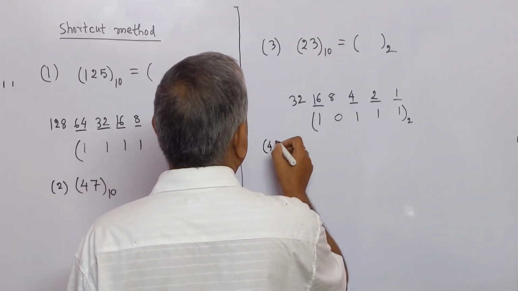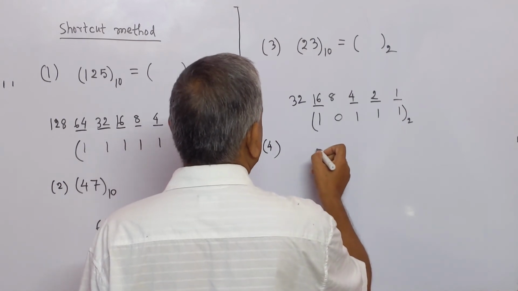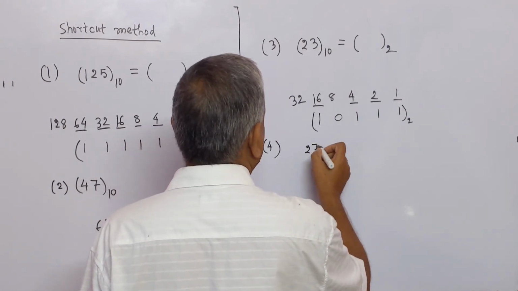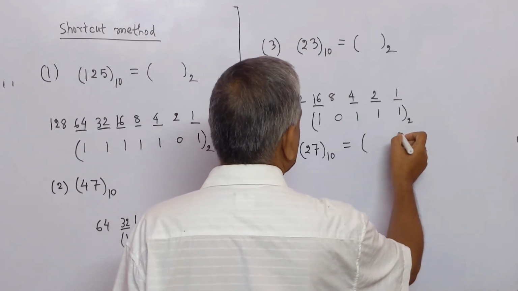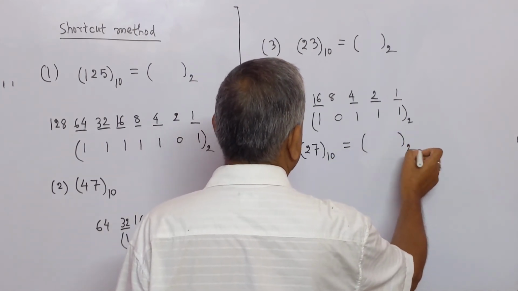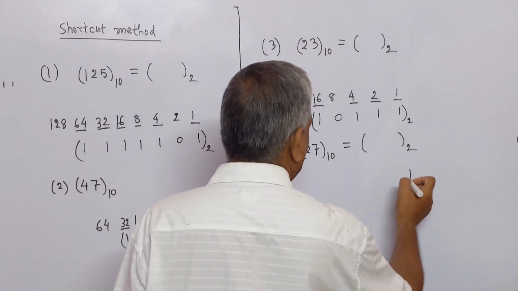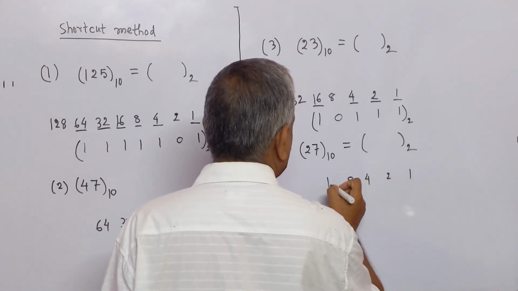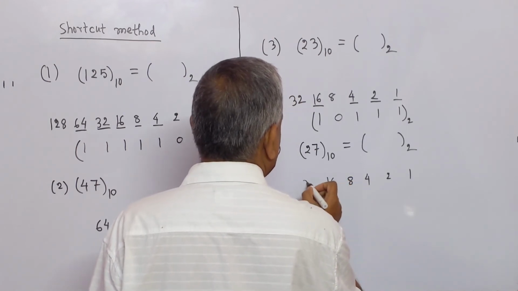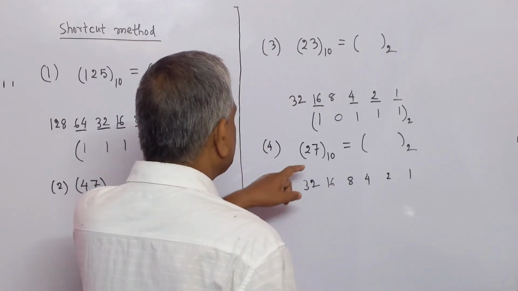Number 4. Let us have number 27 in decimal system. We have to construct this in binary system. So we write here 1, 2, 4, 8, 16, 32. 32 is more than 27.